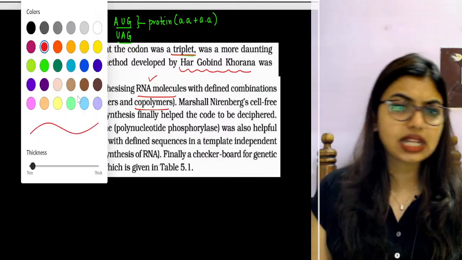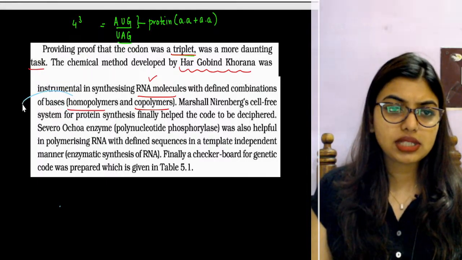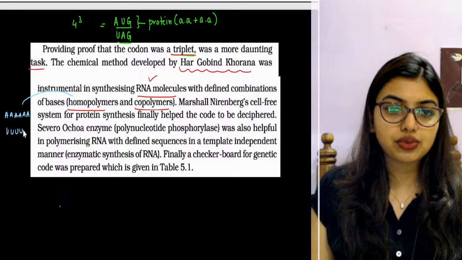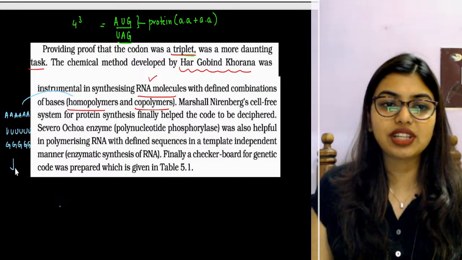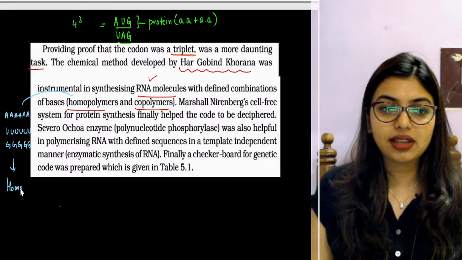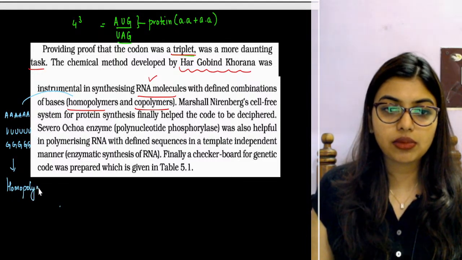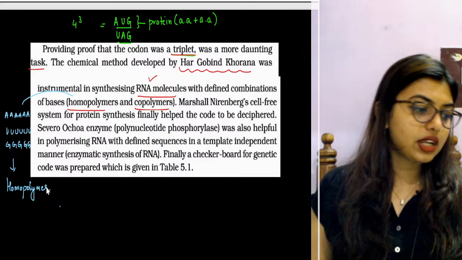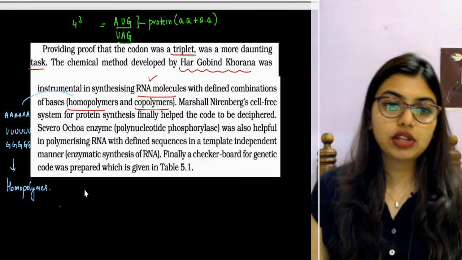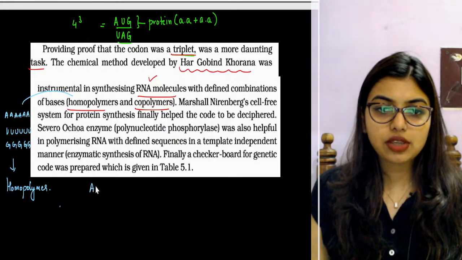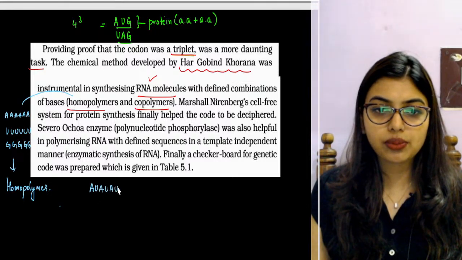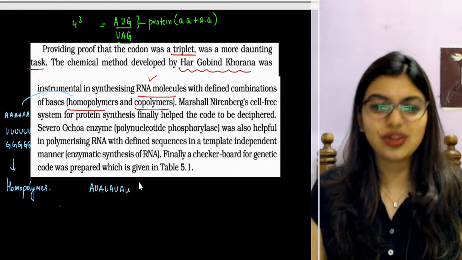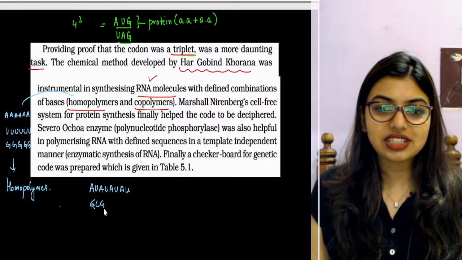Homopolymers are like this: A, U, G. That means they are homopolymers. Then copolymers means combinations like AU, and then GC, something like this.